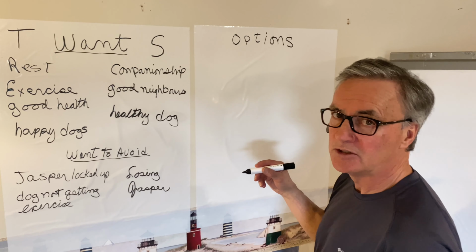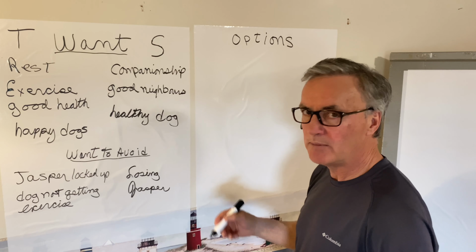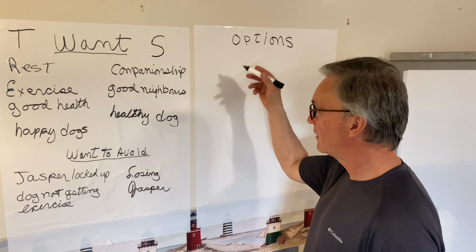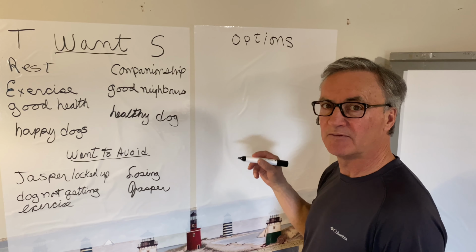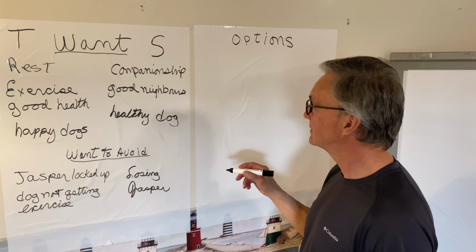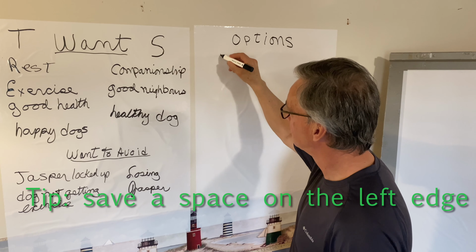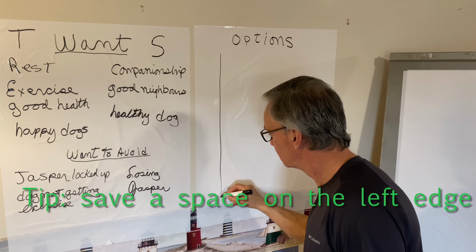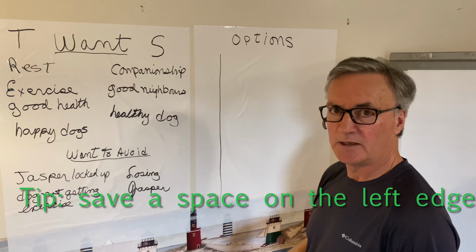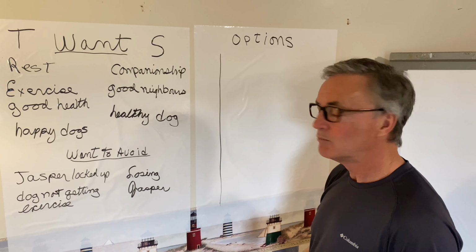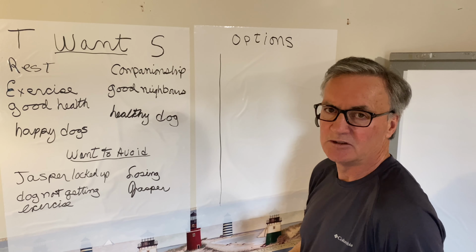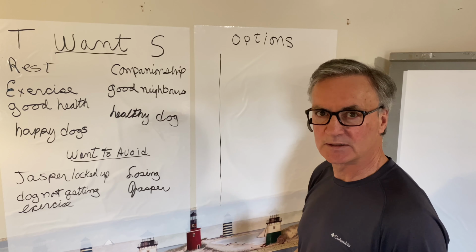The first thing to do, whether you're working from a sheet of paper or from a flip chart sheet like this, is to give yourself some space for later evaluating the ideas. So the first thing we're going to do is draw a line a little bit in from the left edge. When we get to evaluating the options, you'll see why that's important and exactly how it works.